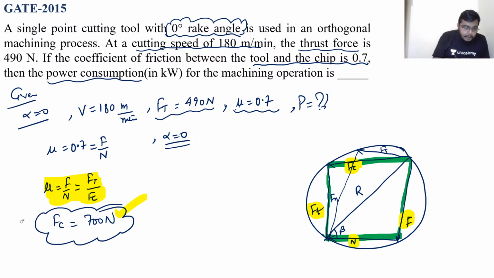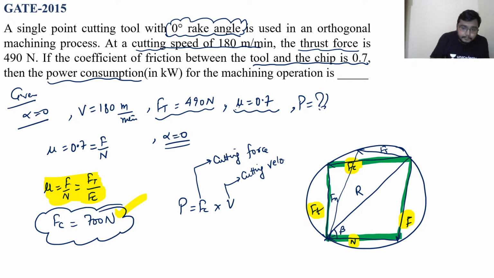And see, power is what? Power is cutting power, right? Maximum power consumption is due to the cutting, उसके कारण हमारा मैक्सिमम पावर होता है। So power is nothing but cutting force into velocity. This is your cutting force, this is your cutting velocity, and power is going to be 700 Newton into cutting velocity.